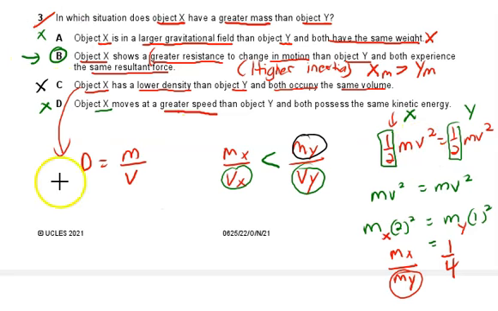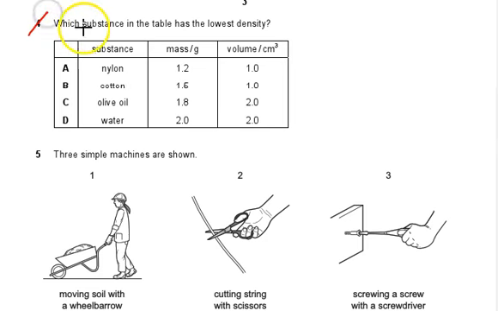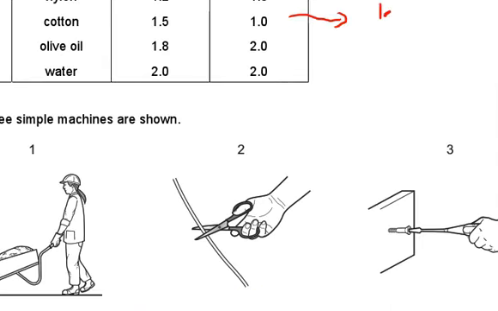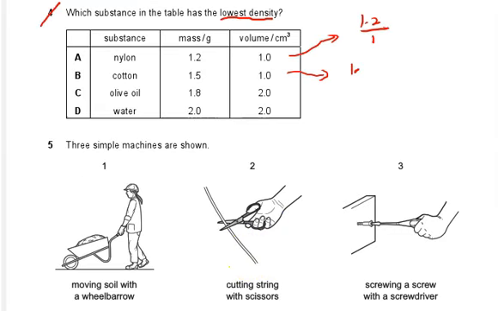Now let us move on with question number 4. Question number 4, which substance in the table has the lowest density? Density we can calculate by mass over volume. So when we calculate this, here will be 1.2 over 1, this will be 1.5 over 1.